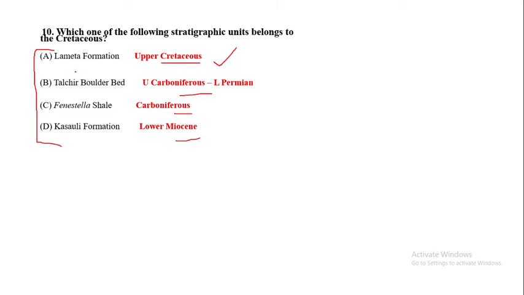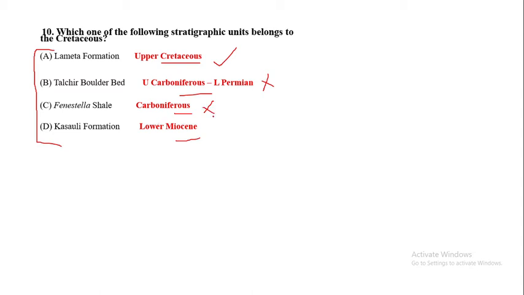Moving to the other ages: the Tulchir Boulder Bed is Upper Carboniferous to Lower Permian, so it is not the right answer, though we should keep its age in mind. Fenestella Shale is Carboniferous, so it is also not the answer.